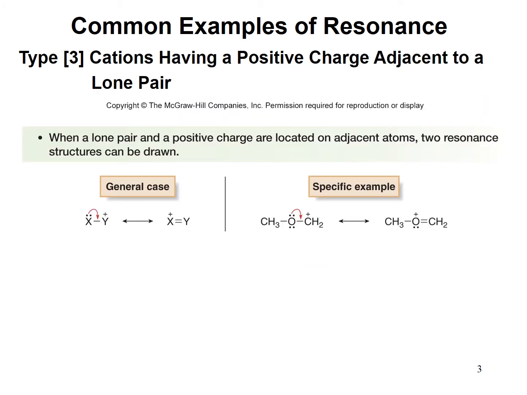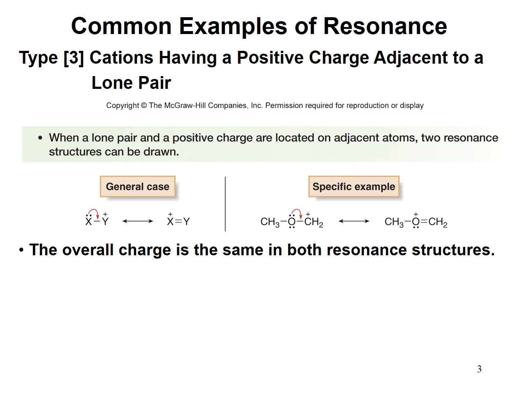We have a third type, type 3 cations, having a positive charge adjacent to a lone pair. You can also move that charge. So if I have a situation where X has a lone pair and Y is a carbocation, I can take the lone pair of electrons from X and share that with Y to delocalize the charge.